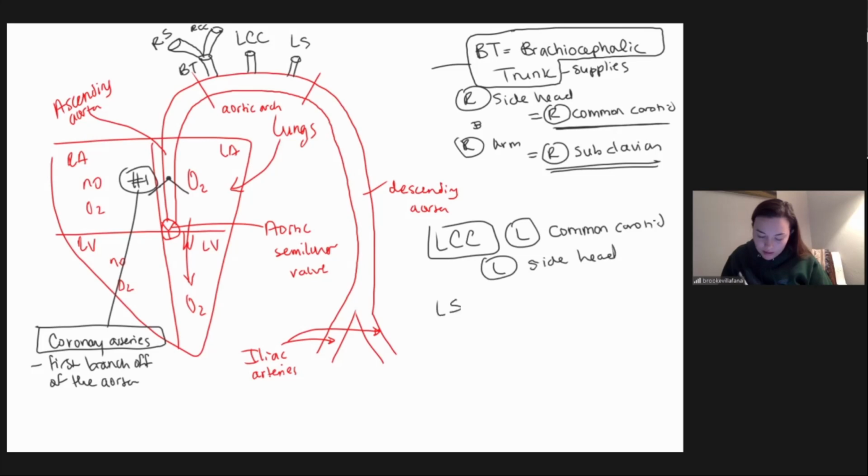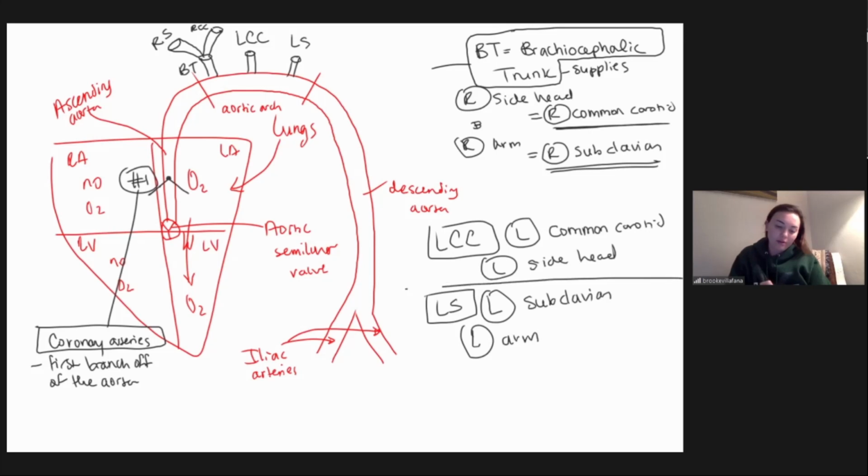The LS, left subclavian, is going to supply the left arm. Does this make sense? So we have left side of the head, left common carotid, left side of the arm, left subclavian. The right side of the arm and right side of the head have the same names, but they branch from the brachiocephalic trunk. Does that make sense what they're supplying?